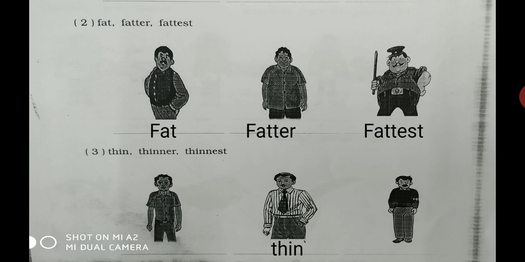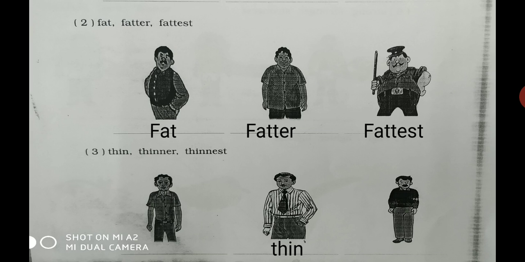Then hide the last person and compare the first and second man. Which is fatter between them? Second one. So write fatter below the second man, and the first man is the positive form. So it will be fat.